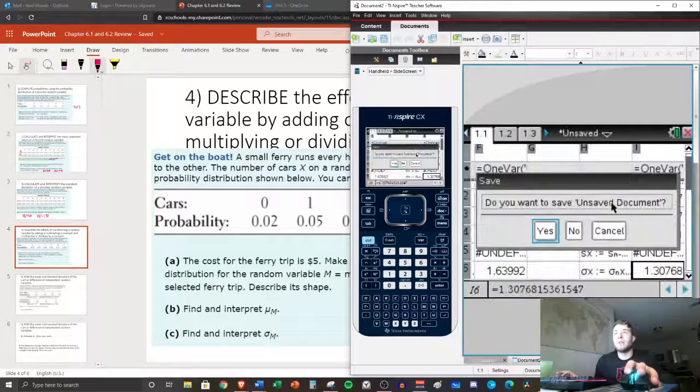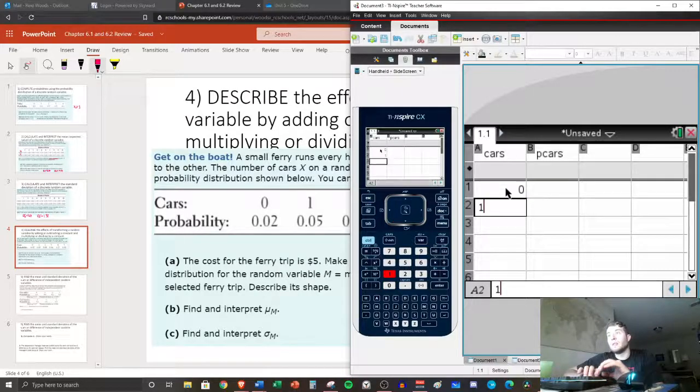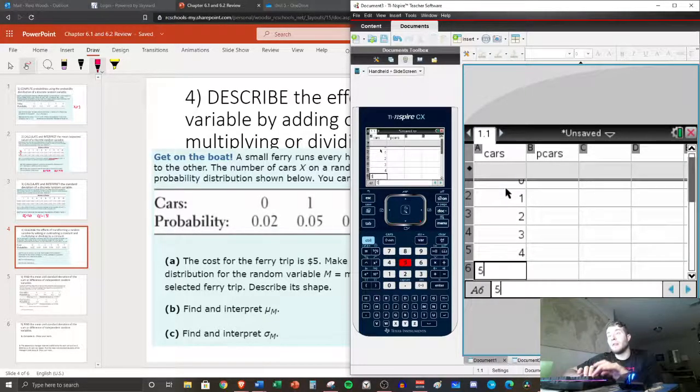I'd like everybody to make a new document. I know we just did a ton of work there, so if you want to save that, that's fine. I'm going to make a new document. We're going to call this cars and then probability of cars. Okay, you could call it X and P of X if you want, but I'm going to list all these out. 1, 2, 3, 4, 5.